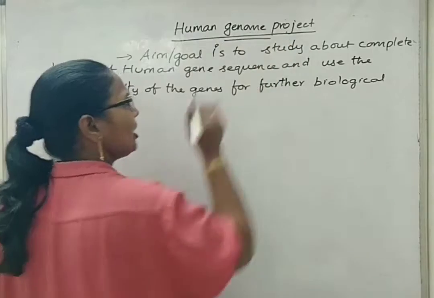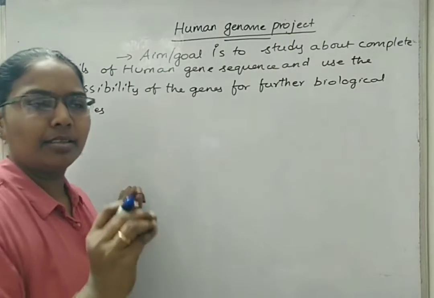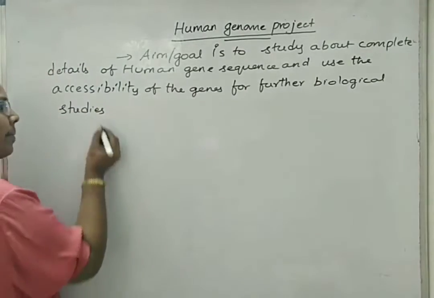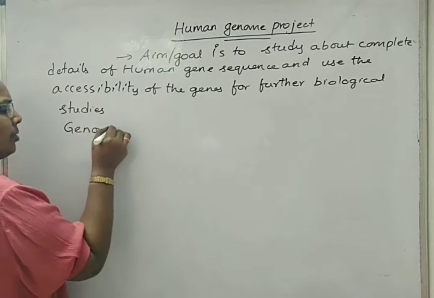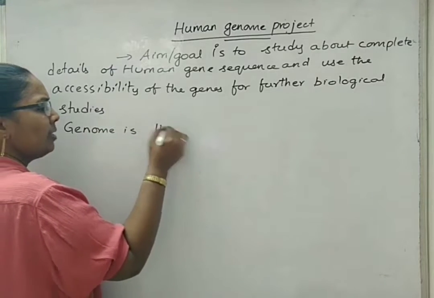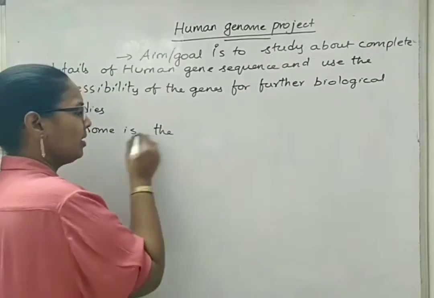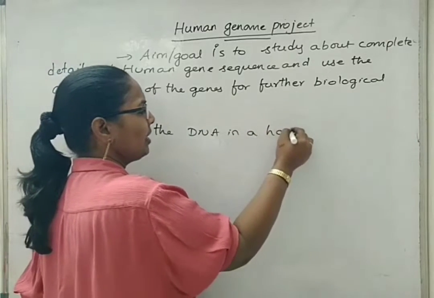What is meant by genome here? Genome can be defined as the genetic material that is present inside one living cell. Also, genome is the genetic material of a haploid, that is the DNA in a haploid chromosome.